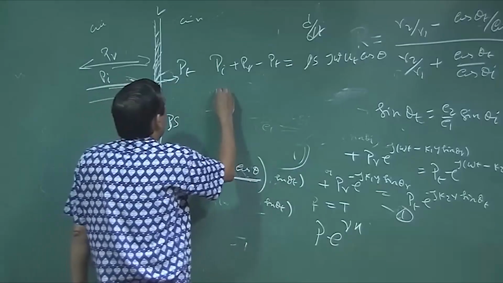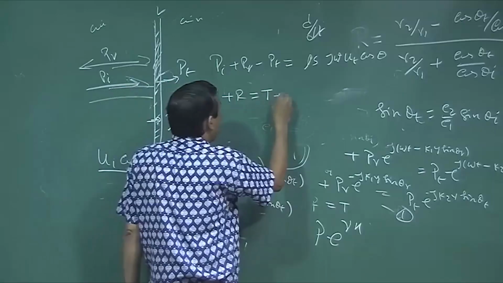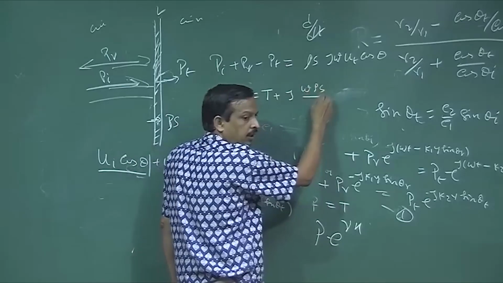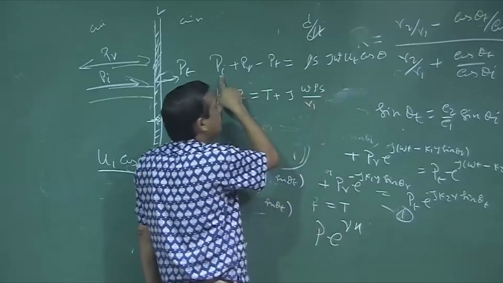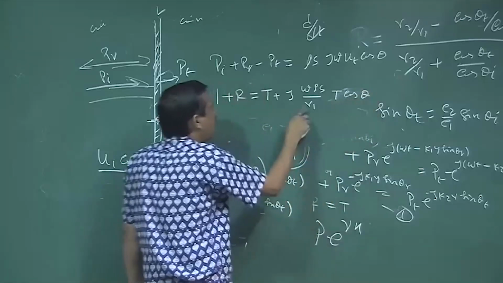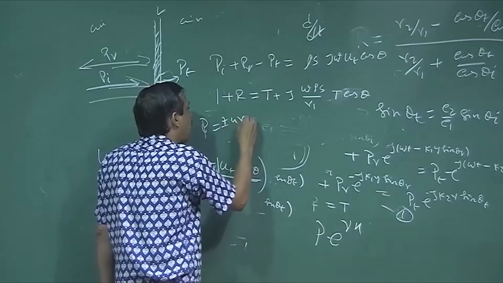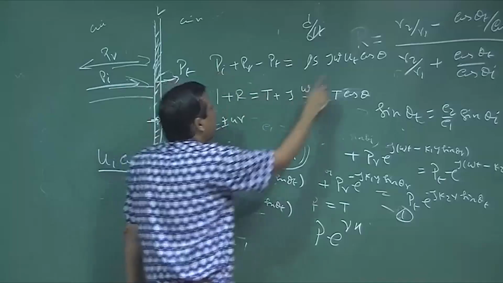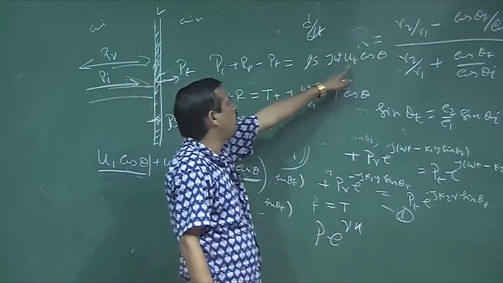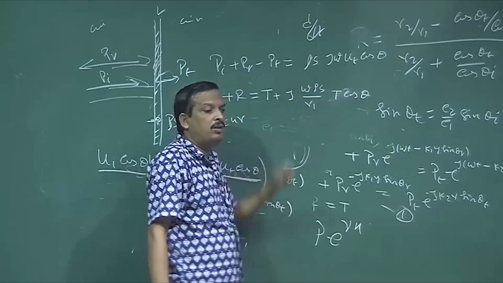Then I can say 1 plus r is equal to t, the transmission coefficient, plus j omega rho S divided by R1, times t cos theta. Why R1? Because p equals plus or minus u into R, so ut can be converted by R, and pi can be converted to ui.